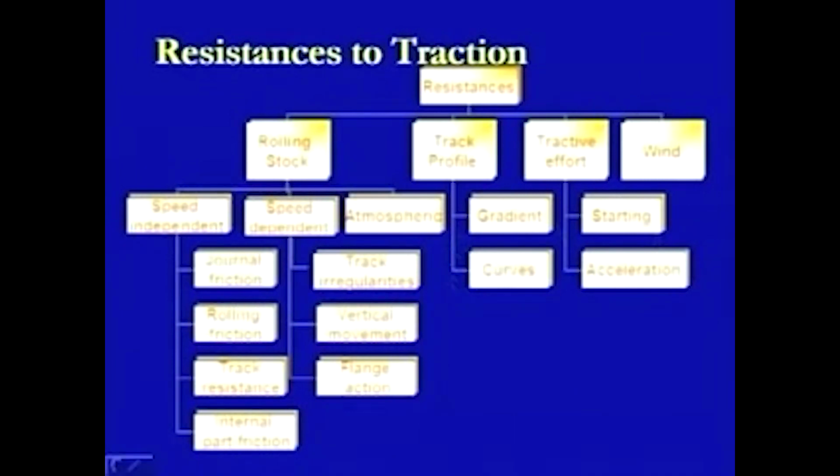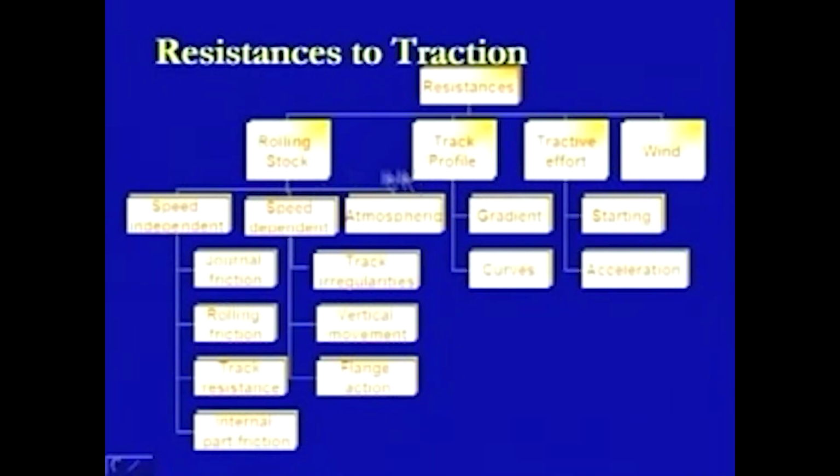When we look at this, we find that the resistances can be divided into four categories: the resistances due to rolling stock, the resistances due to the track profile, the resistances due to the tractive effort, and the resistances due to certain climatic or atmospheric conditions, specifically the wind.